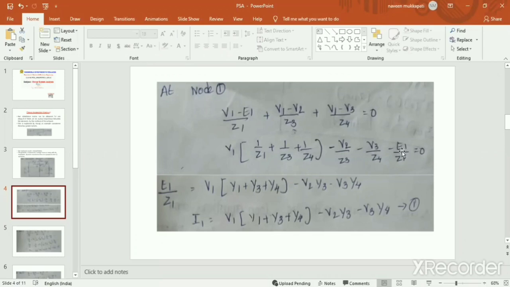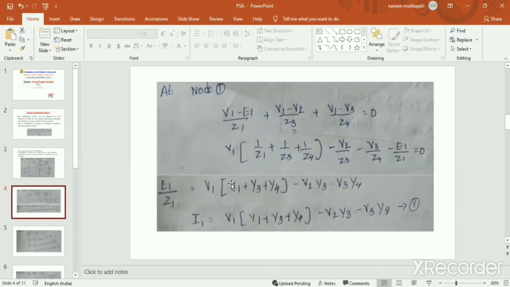Then E1 by Z1 goes to the left side. Here 1 by Z1 we write as Y1.